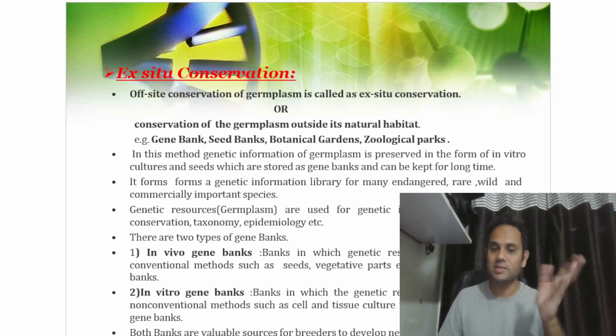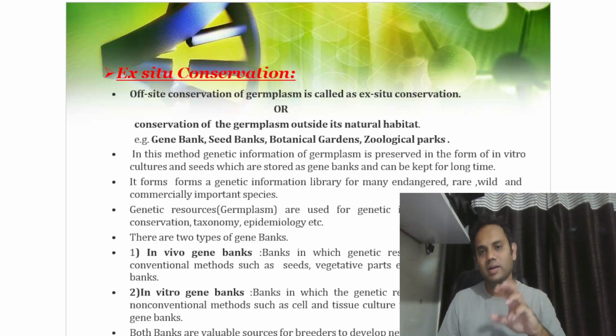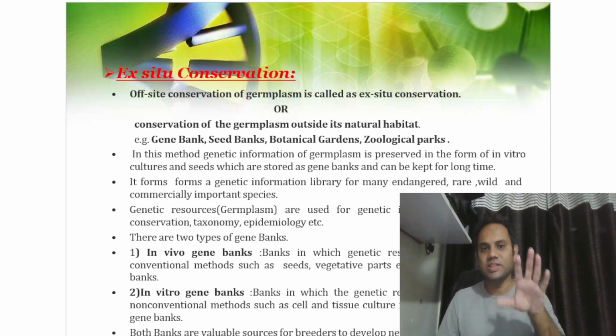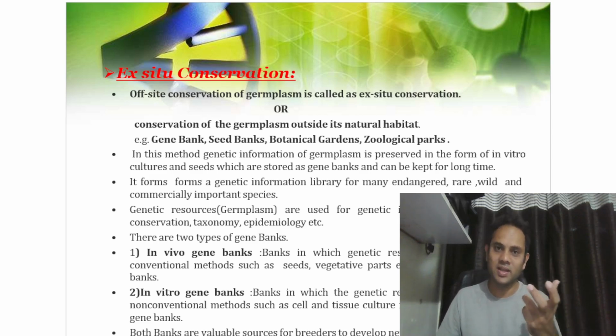Second is the ex situ conservation method. It is considered off-site conservation of germplasm, that is, outside the natural habitat. Examples are gene banks, seed banks, botanical gardens, and zoological parks.